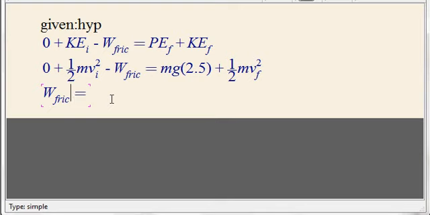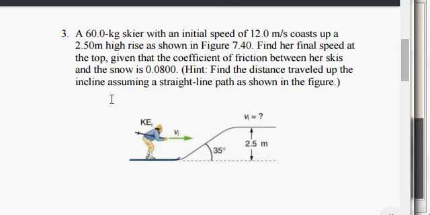So, because of the hint, I'm going to try doing the definition of work. Force times distance times cosine of theta. So force is, which way is the force? Let's go back to the picture.